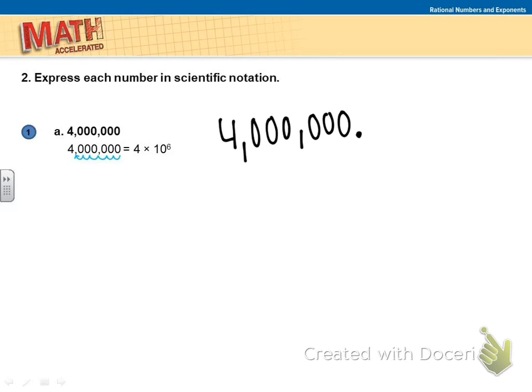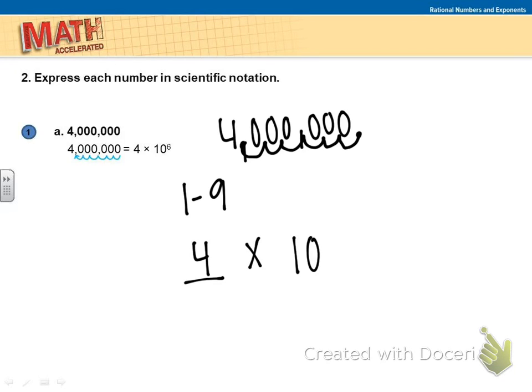So we got to get a factor between 1 through 9, which is going to be what? 4. So I've got to go up to the number, how many places? 6, right? So my factor is 4, and I went up to the number 6 places, so I need a what kind of 6? Positive or negative? Positive 6, right? To get back to it, I need to go to the right. Good.